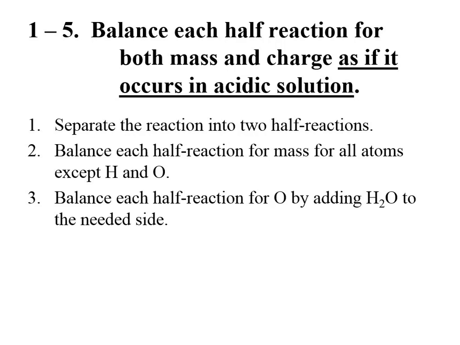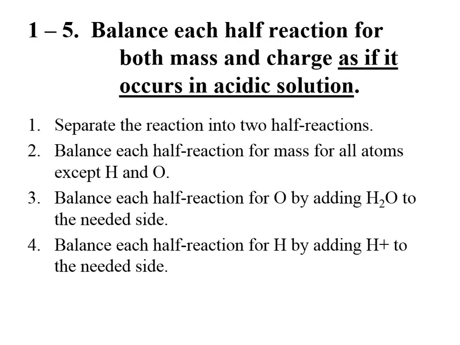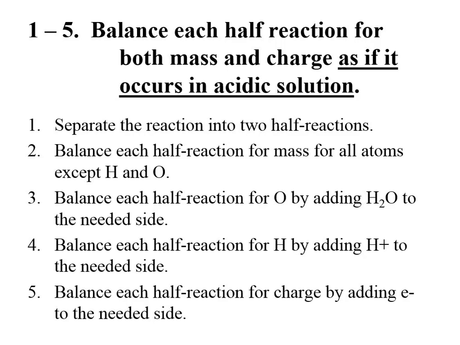Then you balance the oxygen by adding water as needed. And then you balance the hydrogen by adding H pluses as needed. Then you check the charge on either side of the reaction arrow and add electrons as needed to each half reaction. So that's going to be the same in the example.